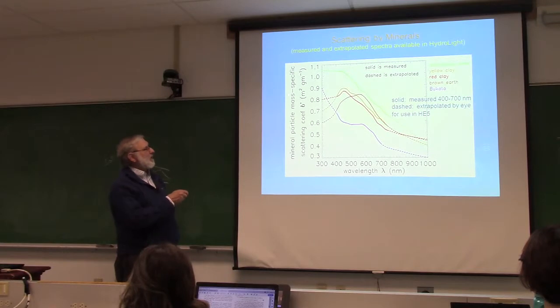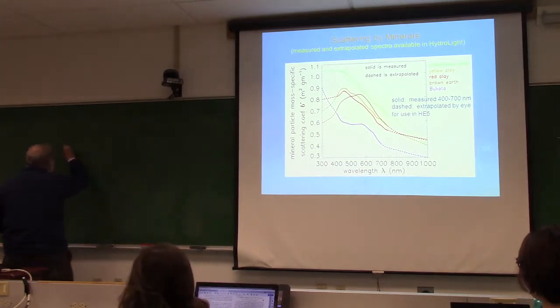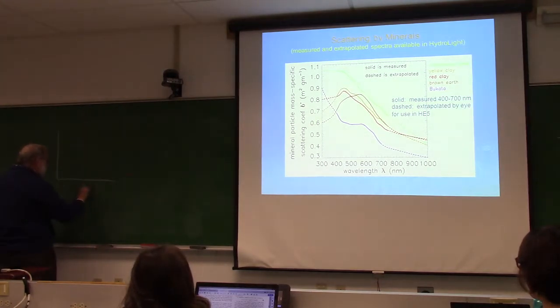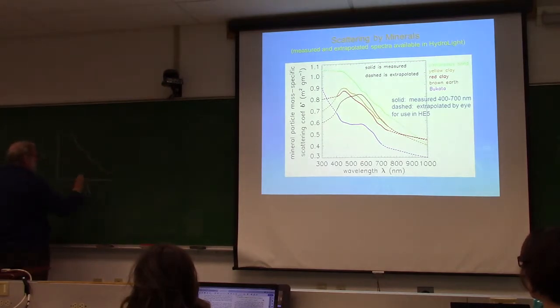And the same thing looks kind of true for the scattering coefficient. And notice here I've got mass-specific scattering coefficients. So what they did was, as a function of wavelength here, they measured the total scattering, and it looked like this. And so that's units of per meter.